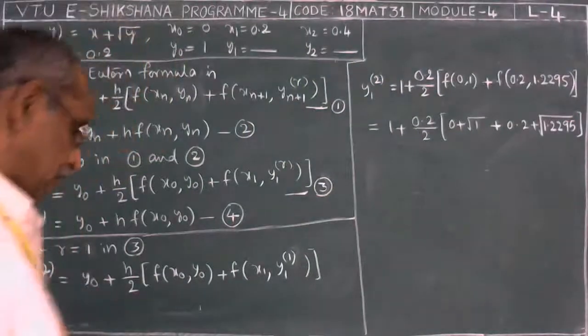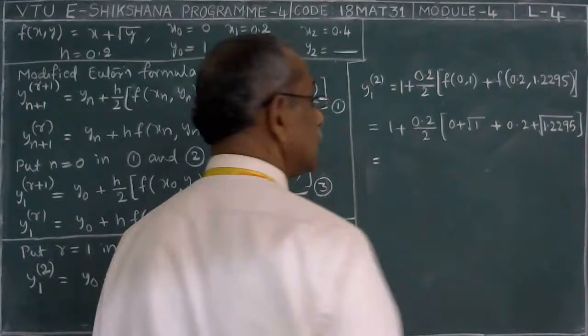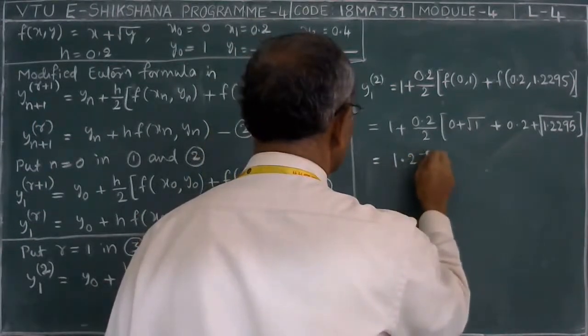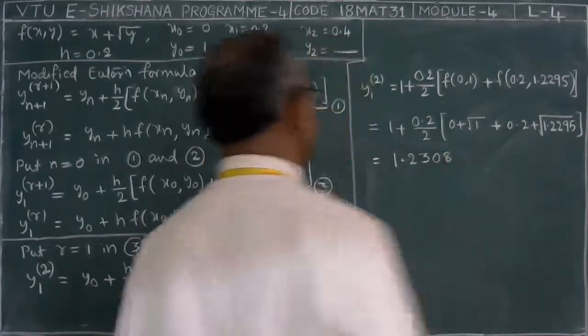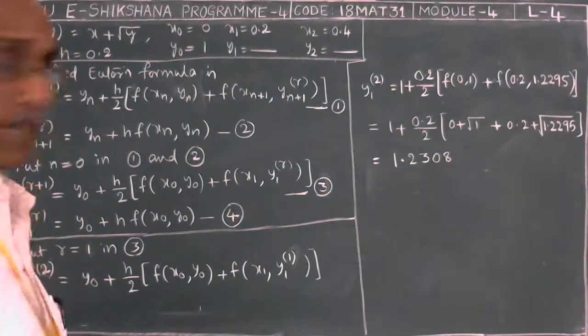If you carefully substitute and calculate using a calculator, you get 1.2308. This is the second iteration.